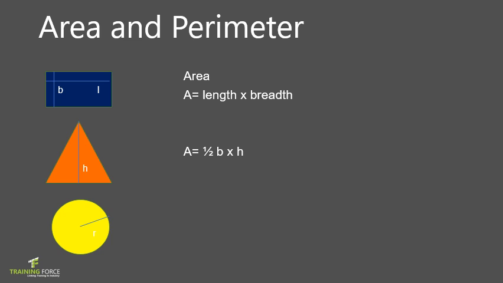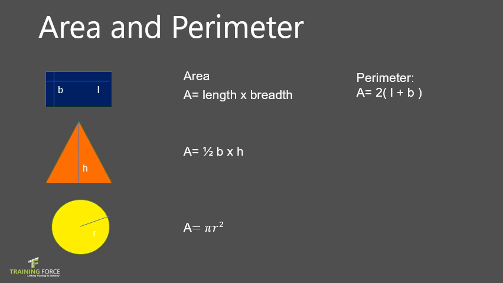So if the breadth, in other words the bottom part, the base of our triangle, is 4, we'll take 2 in that case. All right, so it's half the breadth times the height. And then for a circle, it becomes a little bit different. We use pi, and we multiply that by the radius squared. And the radius is half of the diameter of the circle.